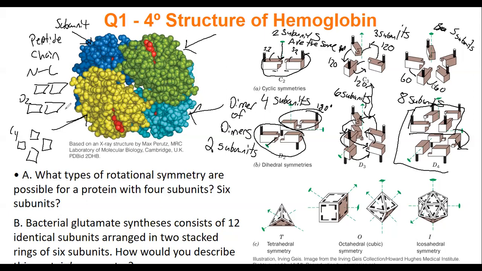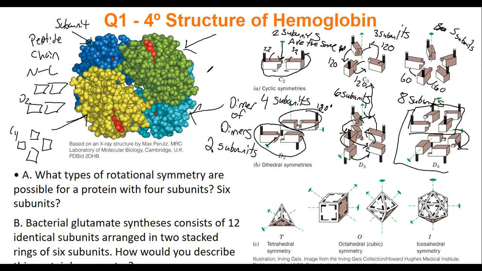Now, what if I said we're looking at a protein and it has 12 subunits and they're stacked in 2 rings of 6? What type of symmetry is that? That's a D6.